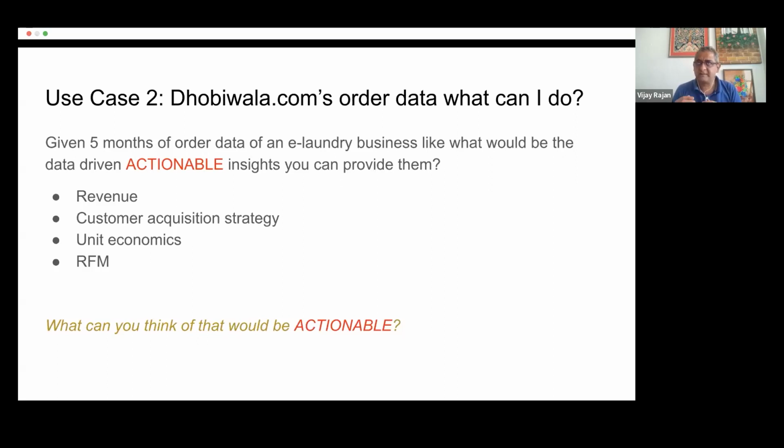The operational costs, the real estate, and all the other costs, infra costs, is what would you need to do for each of your segments to have the right unit economics, that is, be positive. And then, of course, there's recency, frequency, and monetary in, again, customer analytics. So these are some of the things that you can do given a body of data, order data, right?